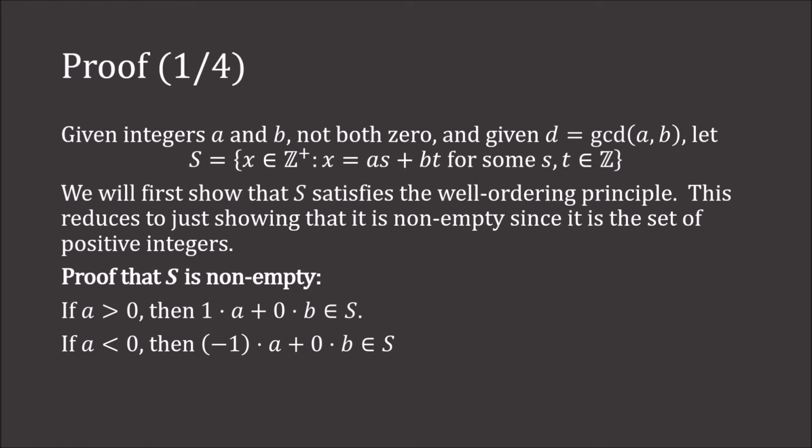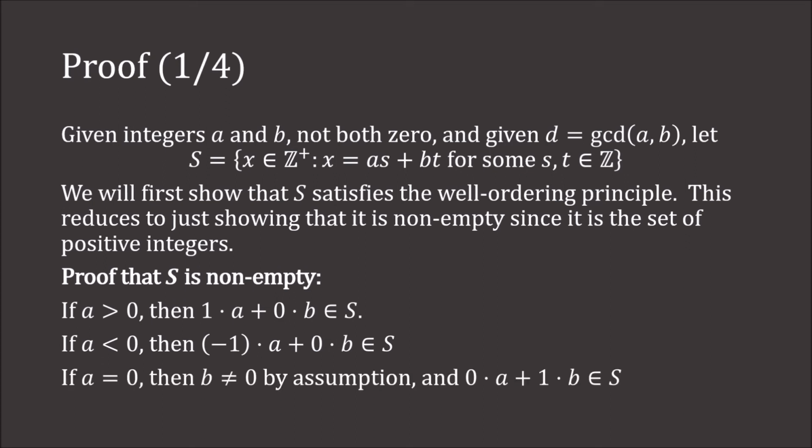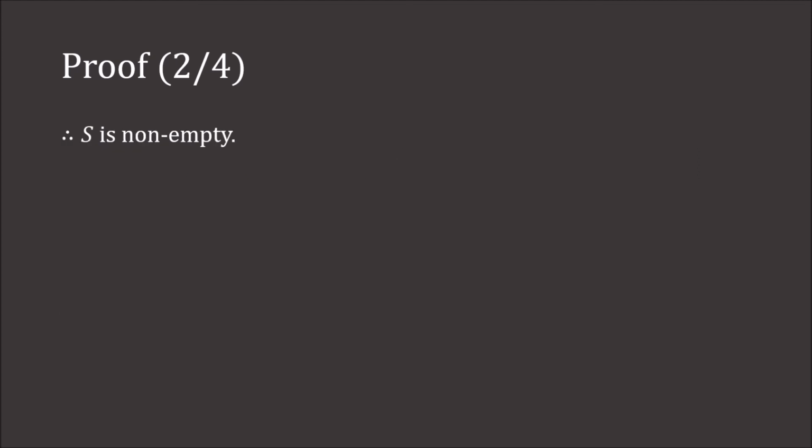This is clearly in S. If a is 0, then b cannot be 0 by assumption, and we can write 0 times a plus 1 times b, which is clearly in S. Actually, this would be either plus 1 times b or plus negative 1 times b, depending on whether b is positive or negative. And that would clearly be in S. So therefore, S is non-empty. It's always guaranteed to have an element.